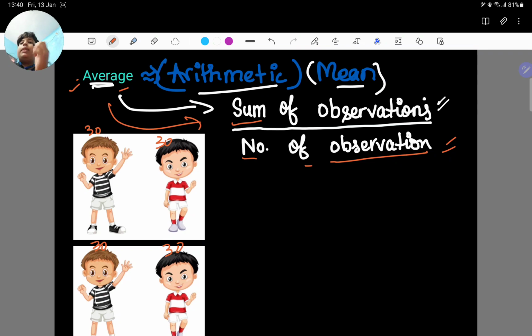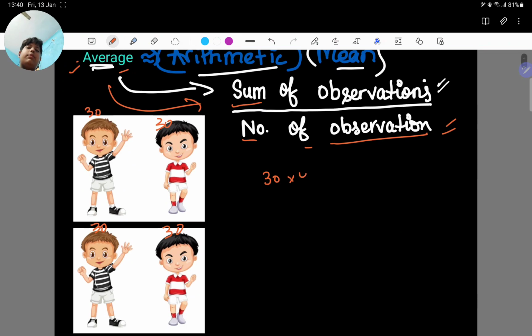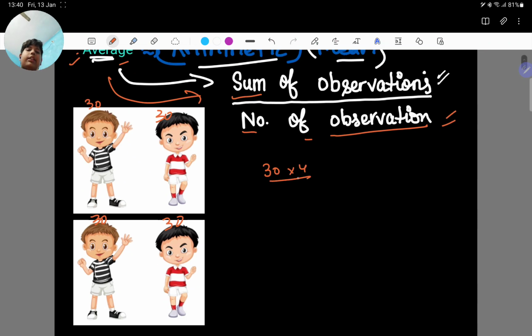But what does it mean? First we'll go with the formula and then we will look at the meaning of it. We have 30 four times, so 30 into 4, and the number of observations is 4. Then we simply get the answer as 30.